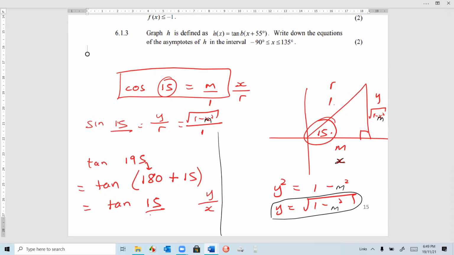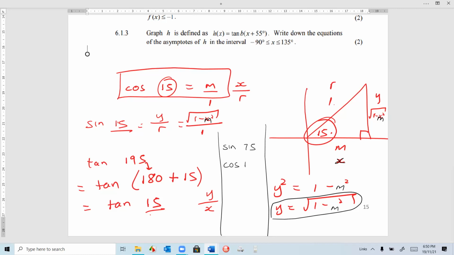The catchy ones are where you have to bring in co-ratios. In a question like this, they may ask, can you find sine of 75? Now, to get 15, we know 90 minus 15 is 75. But remember we're using co-ratios.